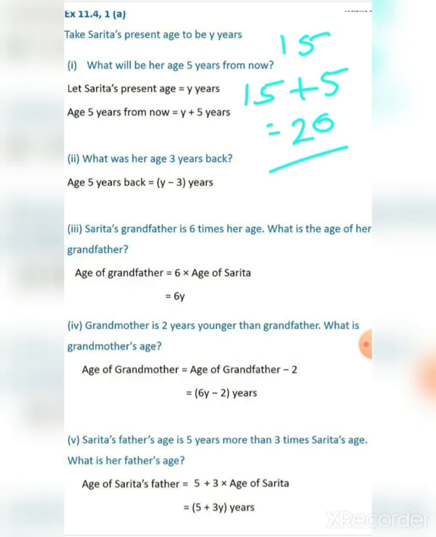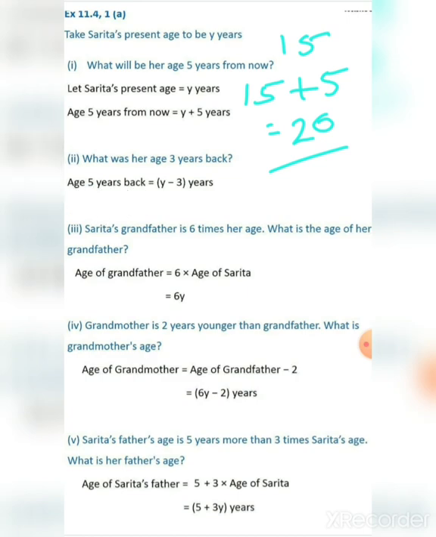Next is, what was her age 3 years back? 3 years back means before, they are asking. So if today's or present age is Y years, 3 years back means we have to minus 3. So the age here should be 3.